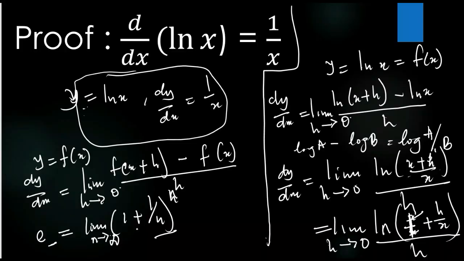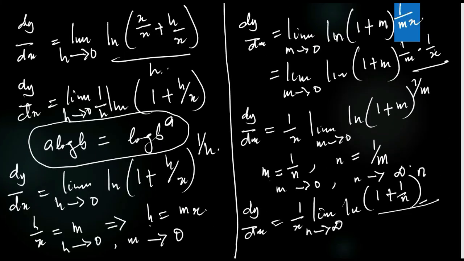So in place of that, I'm going to substitute e. My dy/dx will be 1 over x times the limit of ln e. Now you should know where we are driving to. ln e is the same thing as log e base e, so everything here drives to 1.